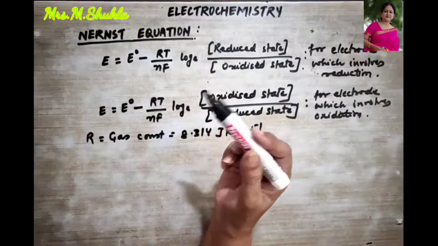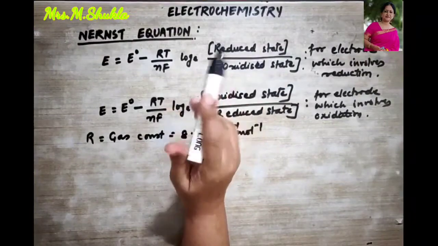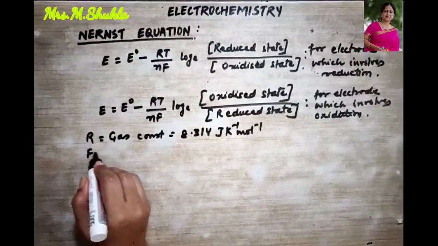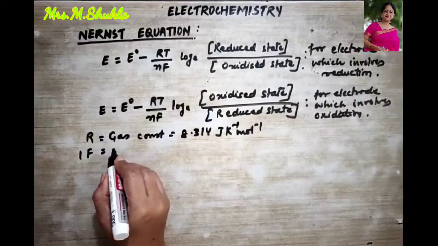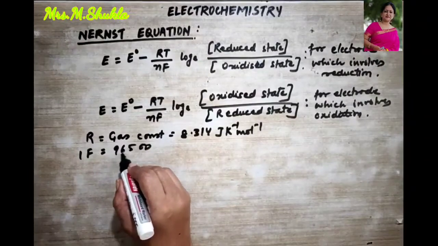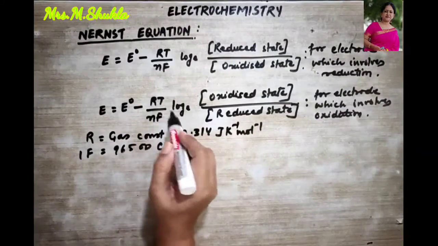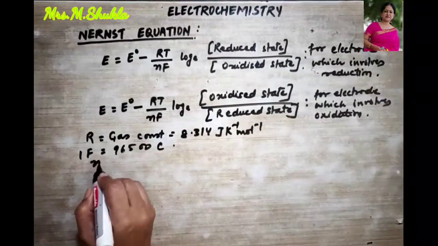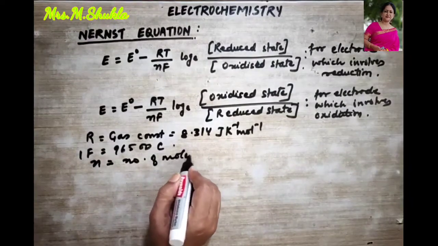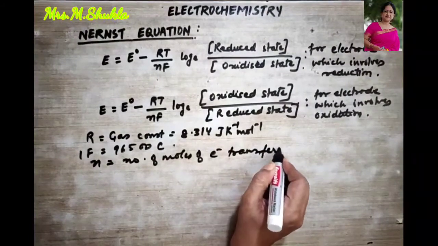Then what is this T? T is the temperature of the electrode assembly. F is the 1 Faraday. So what is 1 Faraday? 1 Faraday is equal to 96,500 coulombs. Okay. And what is your n? n means over here the number of moles of electrons transferred.